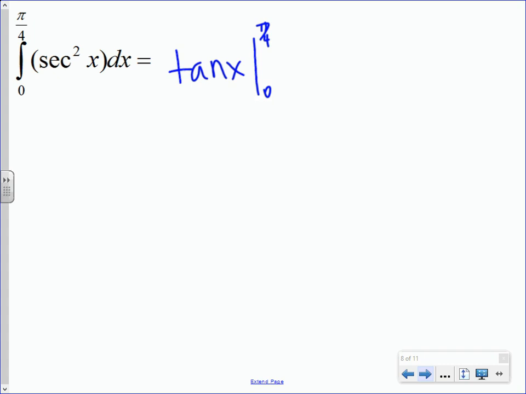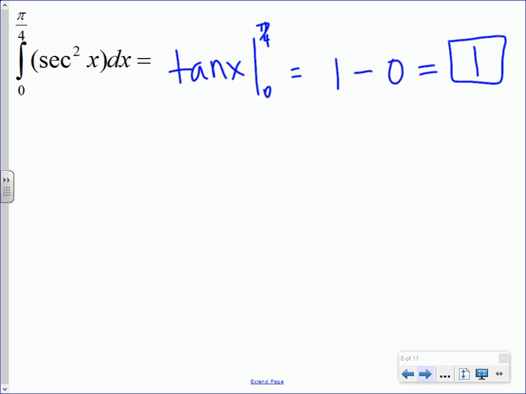What's the tangent of pi over 4? 1. What's the tangent of 0? If you go to the Math 9 command to check this integral, make sure you are in radian mode. Any trig function needs to have radian as the mode.